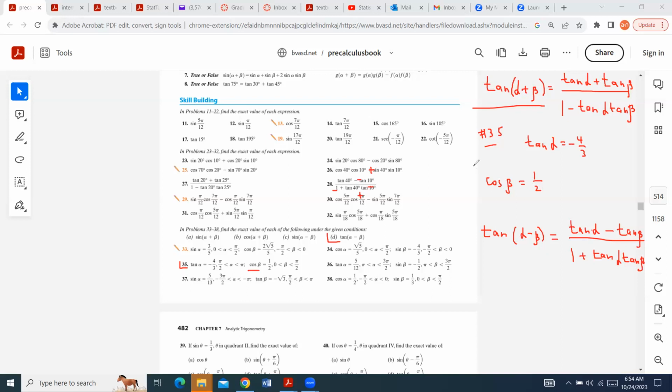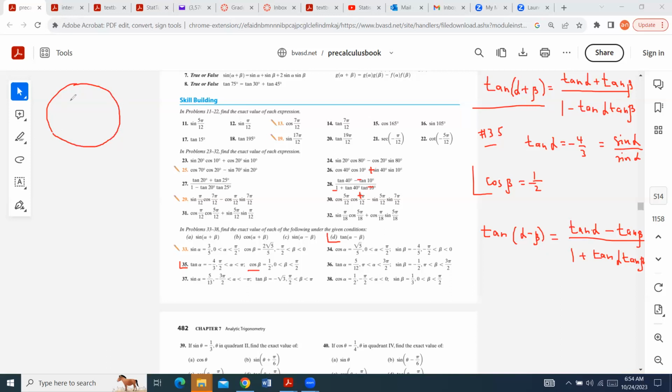So looks like what I need to do is find tangent beta. And if I have cosine, then how can I get to the tangent? Well, tangent is sine over cosine, right? So if I have a cosine, then I need to have a sine. So if I try to find the sine, then guess what?